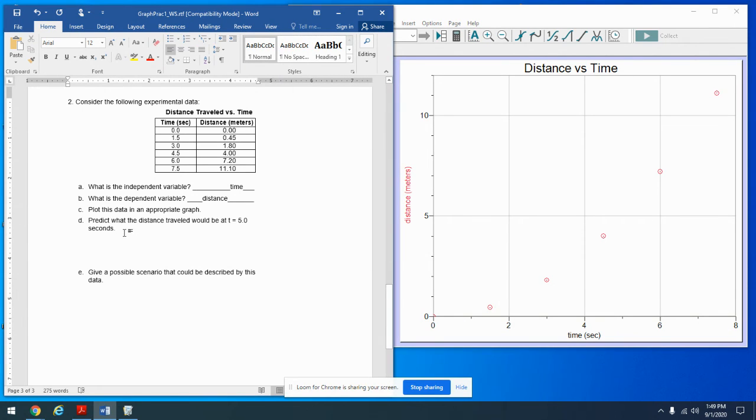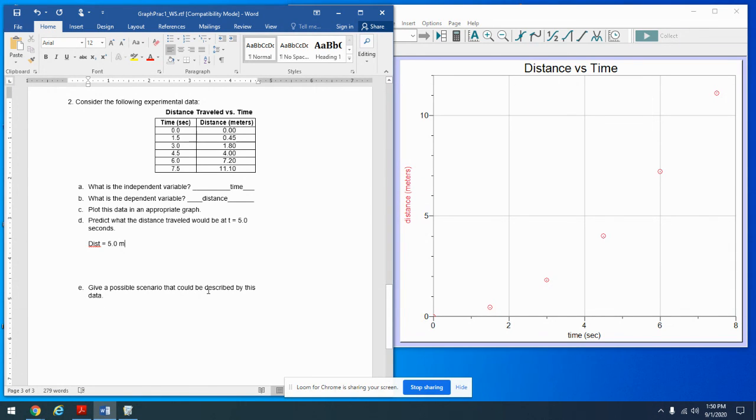So I'm going to go ahead and say that. It's just predict, so we're not looking for an exact answer here. We don't have an equation to use. So I'm going to say that the distance would be about 5 meters.